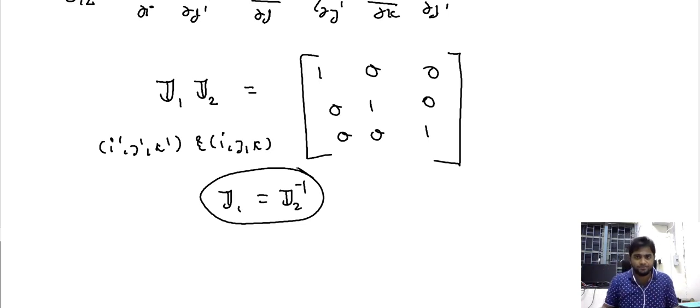other coordinate system. Now this is not necessarily true when we have a precise definition associated with, or a predefined characteristic associated with these coordinate systems.